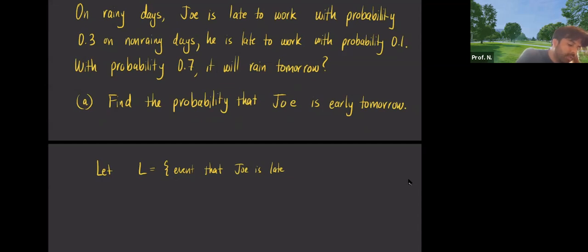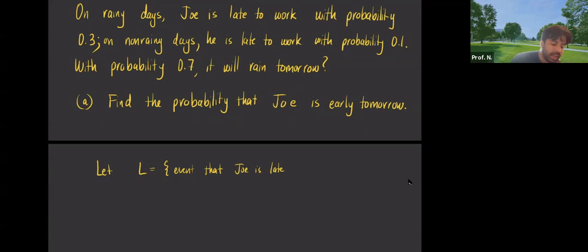It says Joe is late to work with probability 0.3, semicolon. Sorry about that. And then on non-rainy days, he is late to work with probability 0.1. So yes, I missed that semicolon there. That's important, guys. The wording, the English, the punctuation, the phrasing matters a lot in these problems.